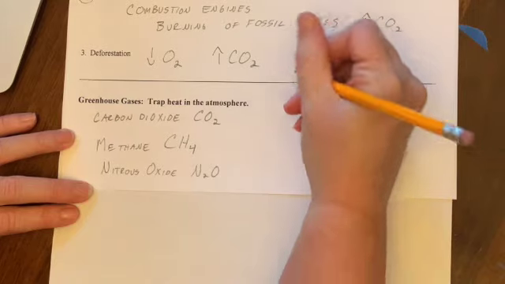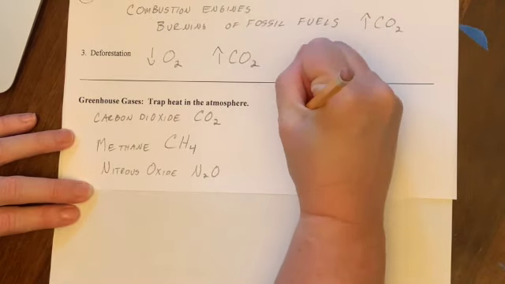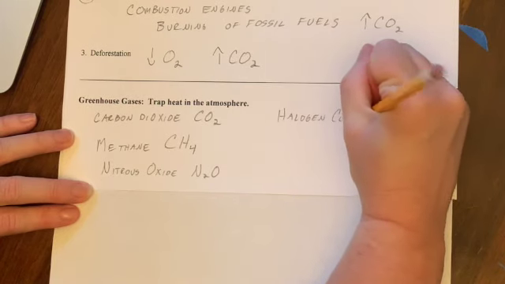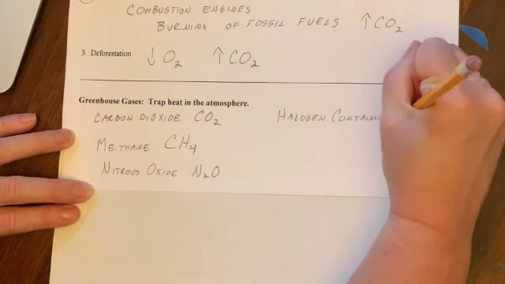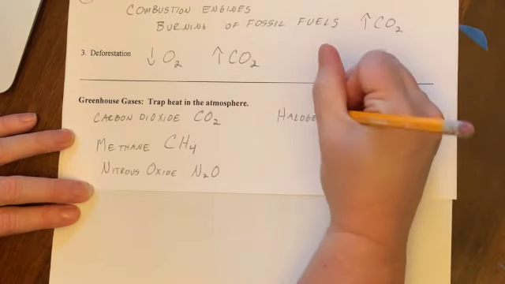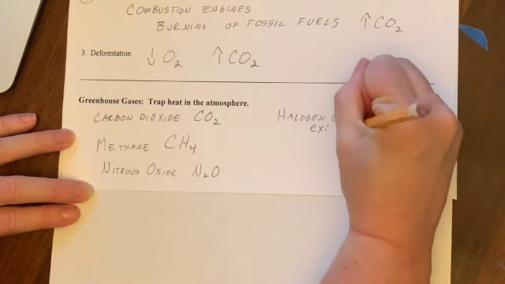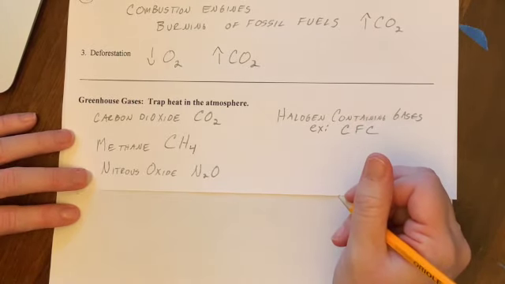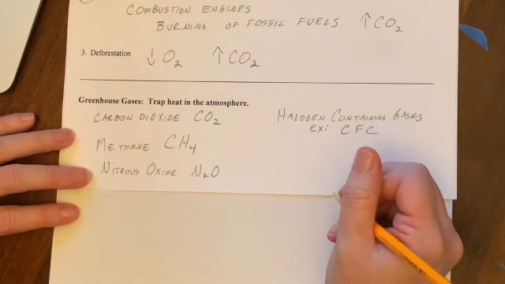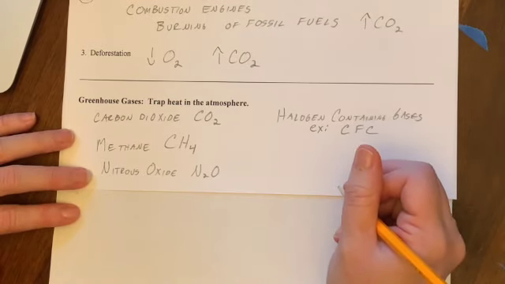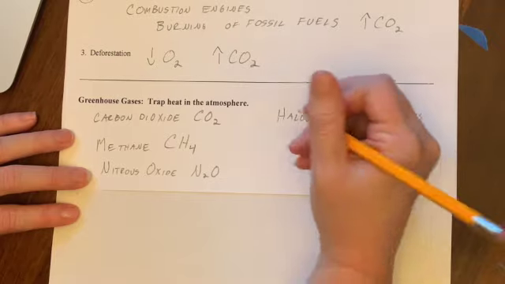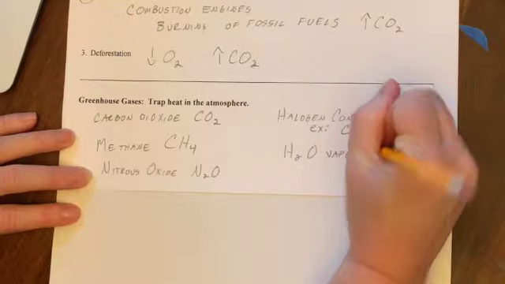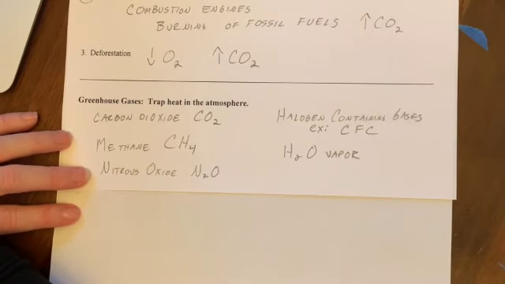We have what are known as halogen-containing gases, and we know our halogens are group 17. An example of these are chlorofluorocarbons, otherwise known as CFCs, and you may have heard of those before. They have a major impact on the environment. And finally, one we may not think of, but actually water vapor is a greenhouse gas, technically.